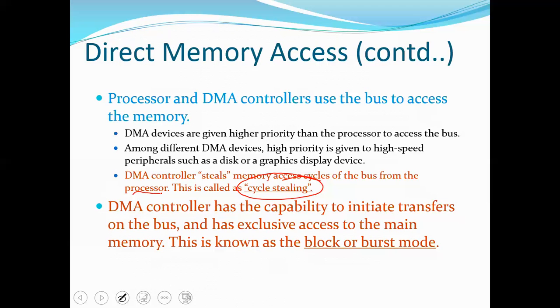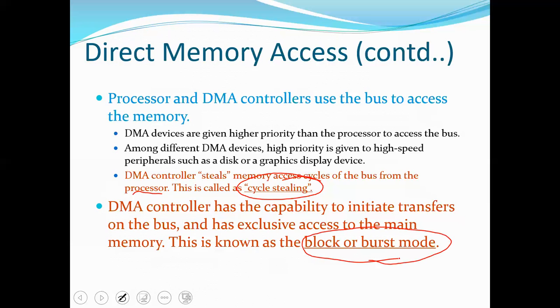Now there are two ways in which DMA control can be given. The processor can give direct memory access control to the controllers. One is by cycle stealing and the other is block or burst mode.